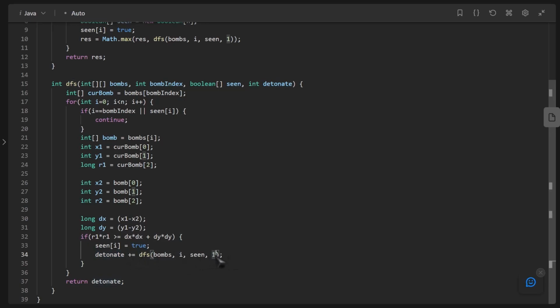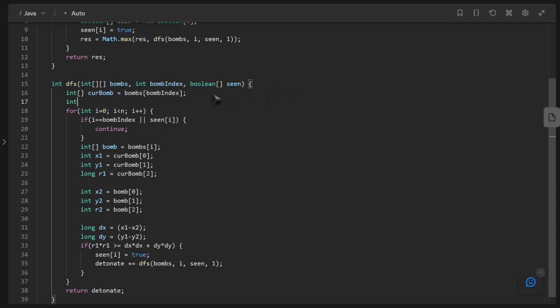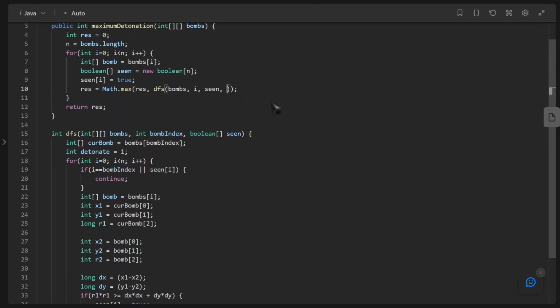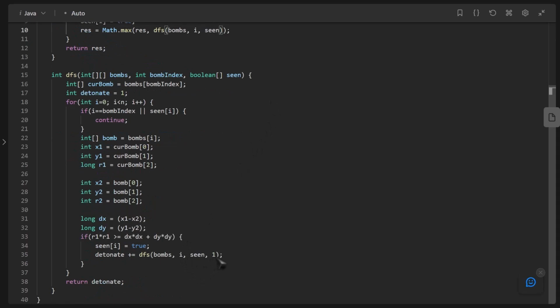As I mentioned, we don't need to pass this one. We could also just remove it here and include the detonate equal to 1 and check whether it's possible. Yeah, we could also write this.